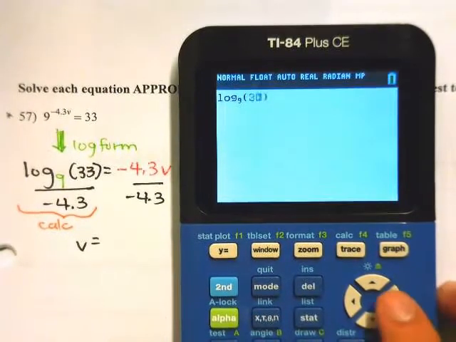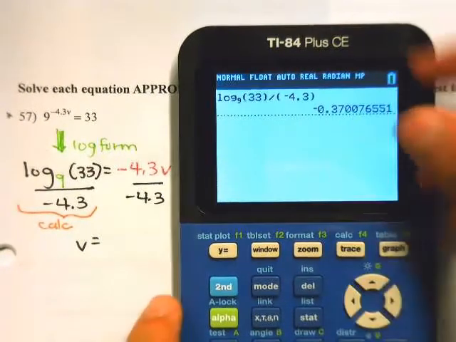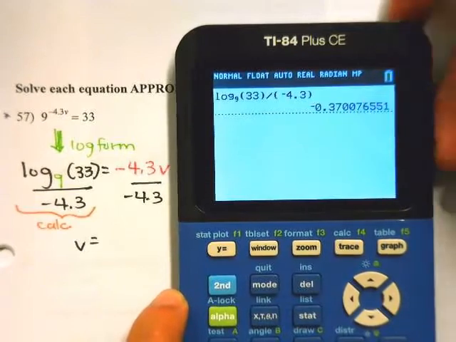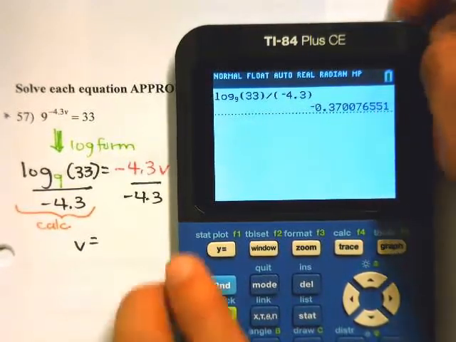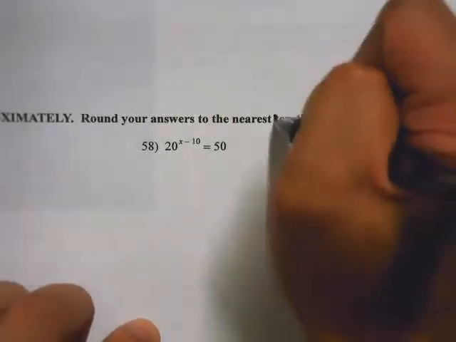Base 9, argument 33, okay, and then divide it by negative 4.3, and then let's just use this: negative 0.370, the other number is 0, so we'll cut it off. I know it says ten thousandths, let's just do AP style and do thousandths instead.